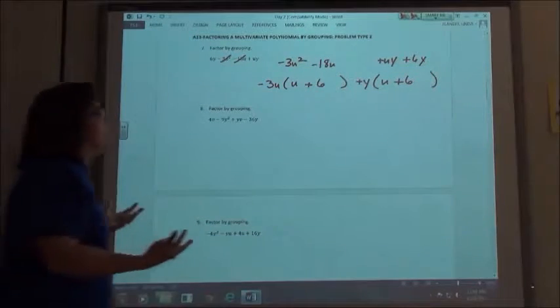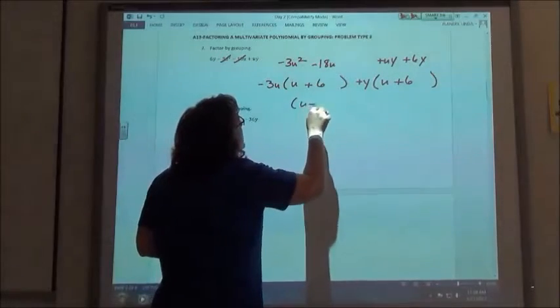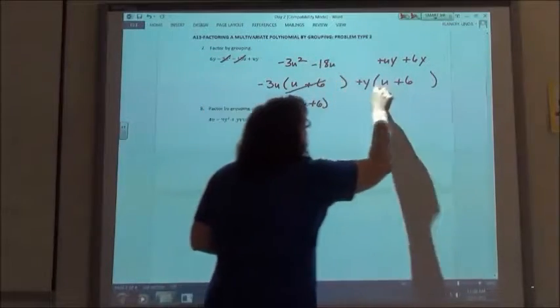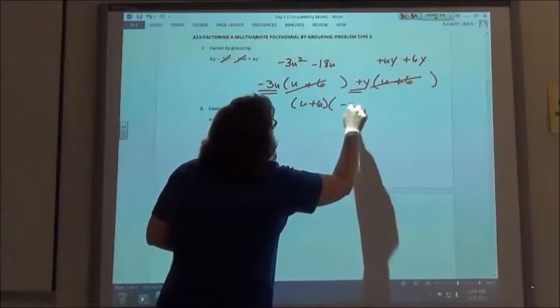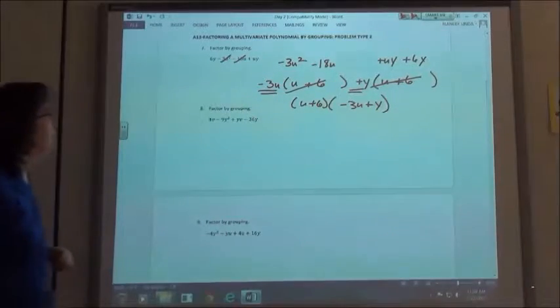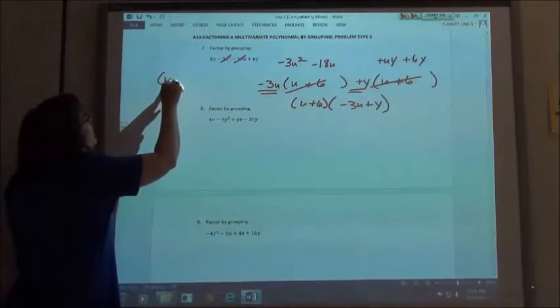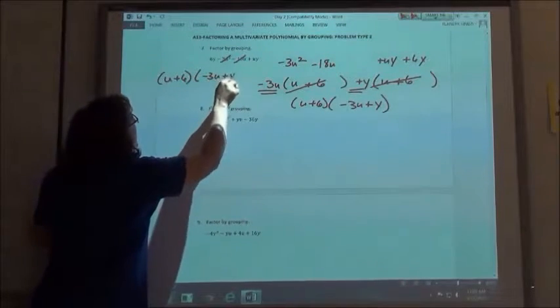So what I'm doing basically is factoring out my greatest common factor, which is the u plus 6. And when I factor that out, it leaves me another pair of factors, the negative 3u plus y. And so my answer, u plus 6 times negative 3u plus y.